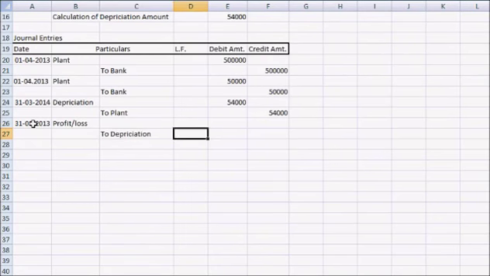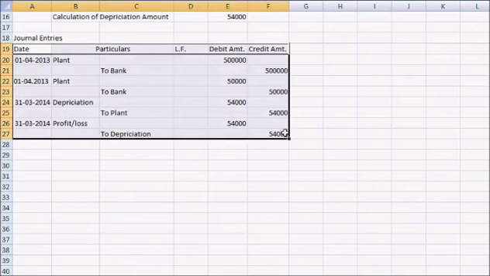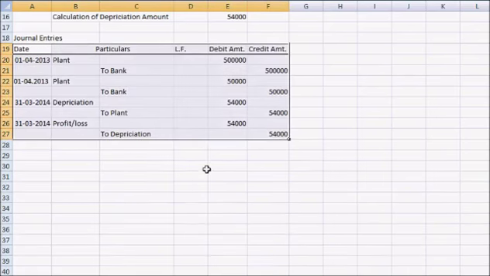The amount would be the same, 54,000. The rest of the journal entries for the next 3 years would remain the same. This should have been 2014. Okay, so this is the journal entry which we have prepared.